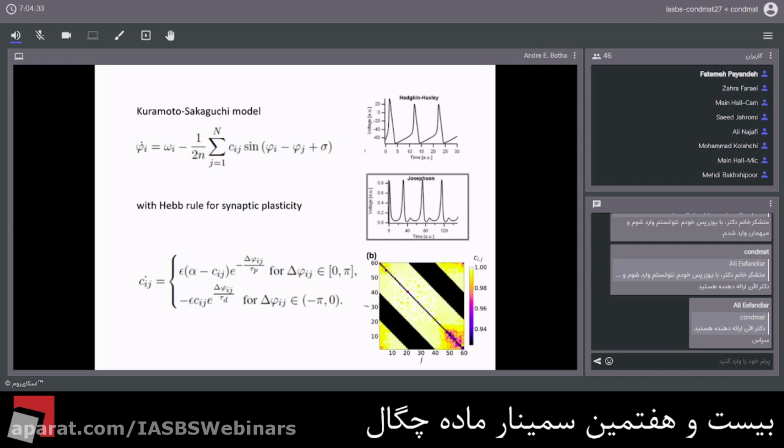Actually, whenever one has any limit cycle type of behavior, when there's some periodic behavior, one can associate a phase with such behavior. So regardless of the nature of the signal, whether it's this one or this one, one can define a phase of the signal.